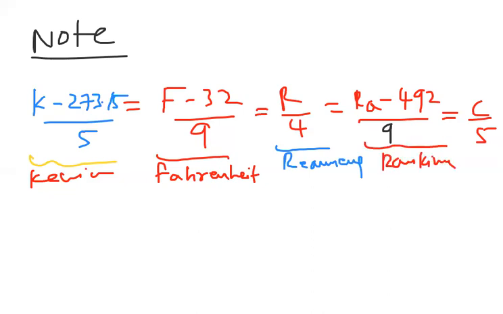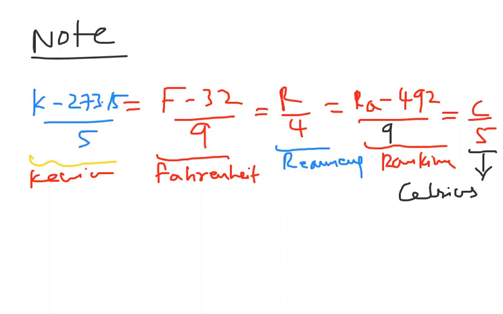And the last one is the Celsius scale. Like that I have written all the scales. I just cancelled the common terms in the denominator, and finally I got this. I hope you are clear till here about the relation between the Kelvin, Fahrenheit, Reaumur, Rankine and Celsius scales.